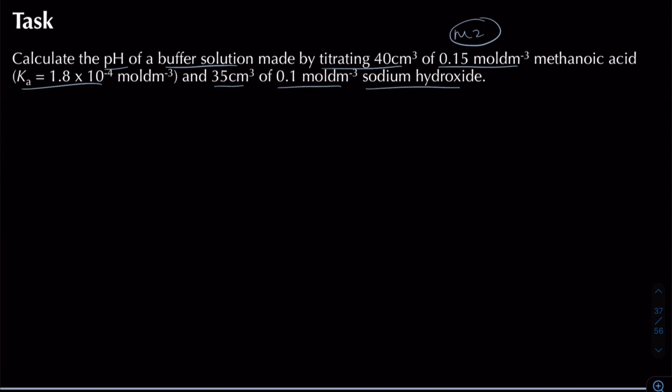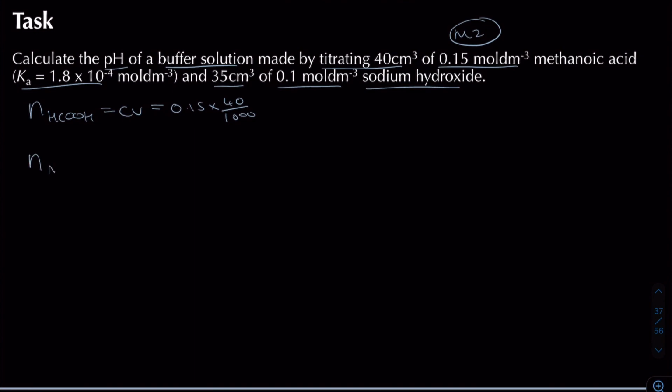So I know I need to work out the number of moles of each substance first. The first thing is I need to find the number of moles of methanoic acid, which is equal to concentration times volume, which is 0.15 times 40 over 1,000. I can do the same thing for sodium hydroxide as well.